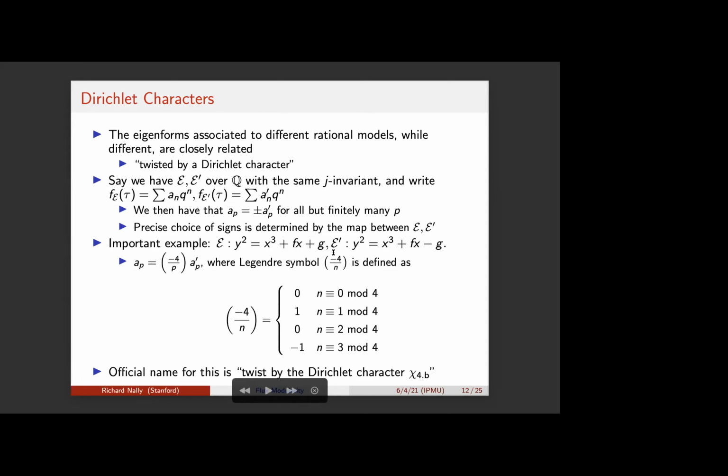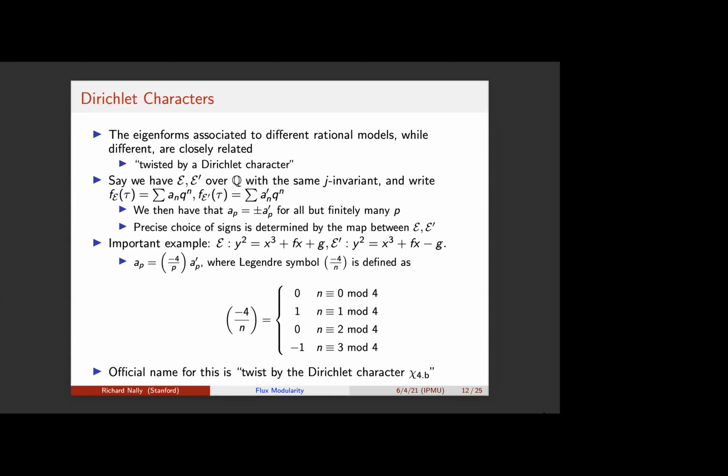Hi, Richard. Can I ask a question? Yeah. I may have missed this earlier. How is the modular subgroup related to the defining equation, and are the groups the same for the E and E prime eigenforms? Yeah.